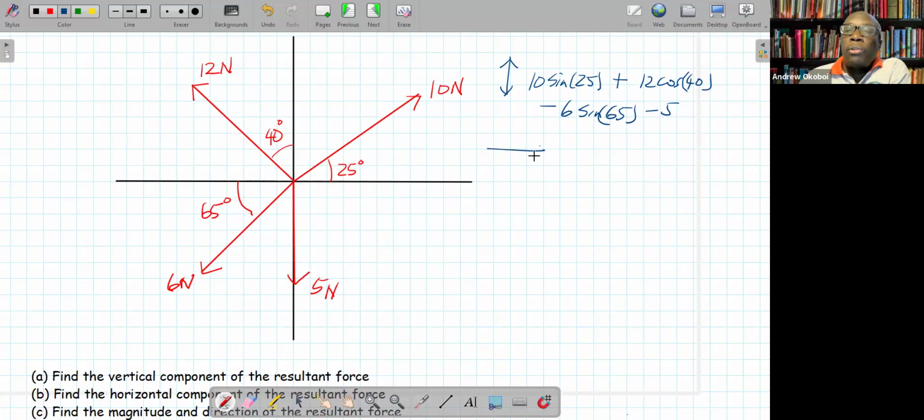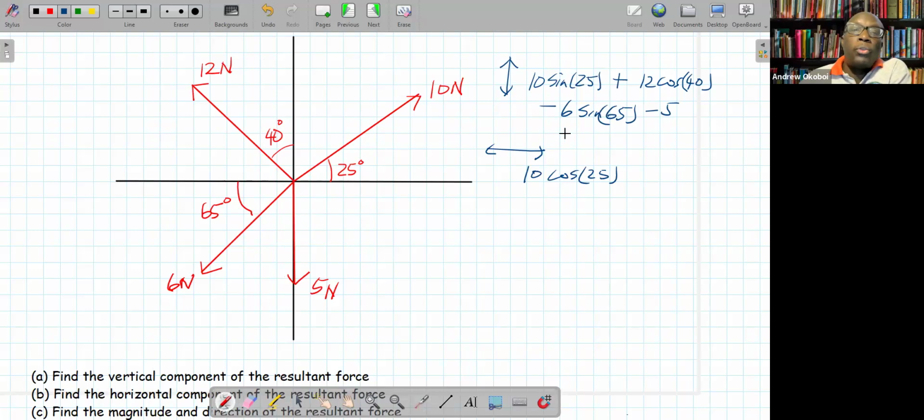Then we're going to resolve horizontally. I'm going to take the positive x-axis as positive. So this is 10 cos 25, which is this force here. And then we don't count any forces that are actually on the axis. This is a purely vertical force, so there's no horizontal component.